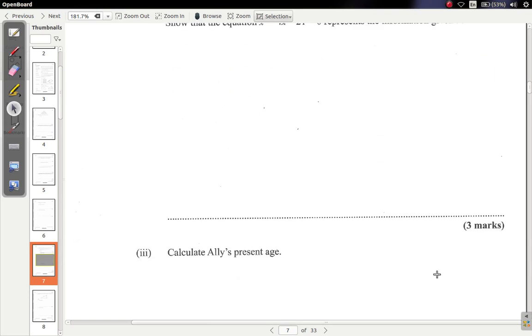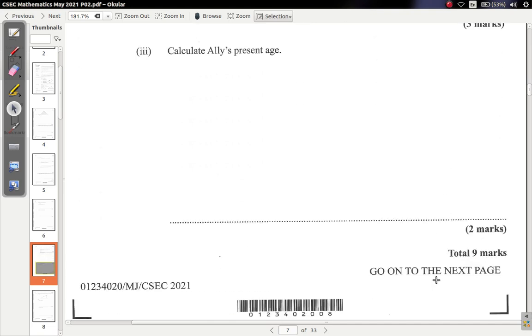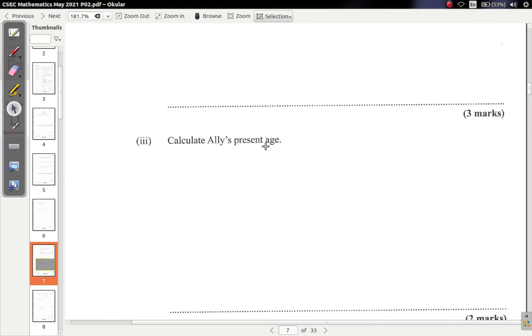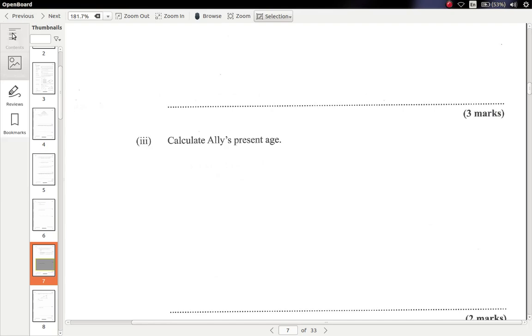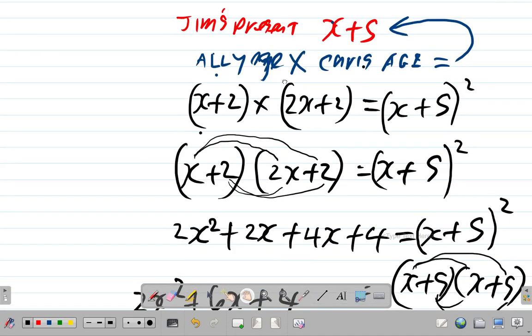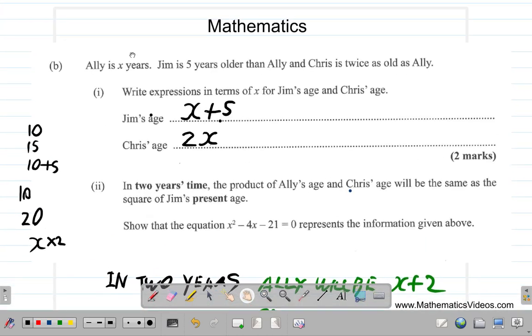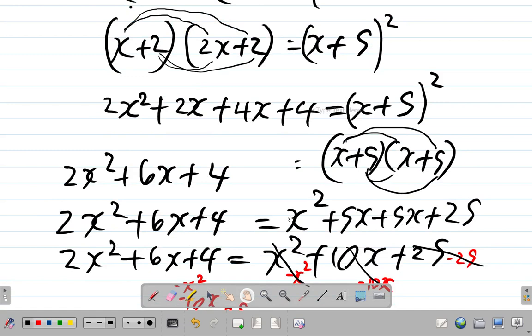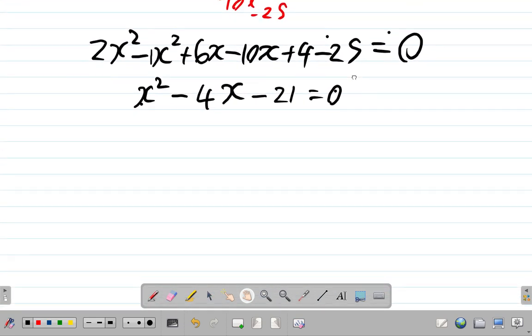Alright. Then they say calculate Ali's present age. They say Ali is x years old, so in other words, calculate x. So x is what they really want you to find.